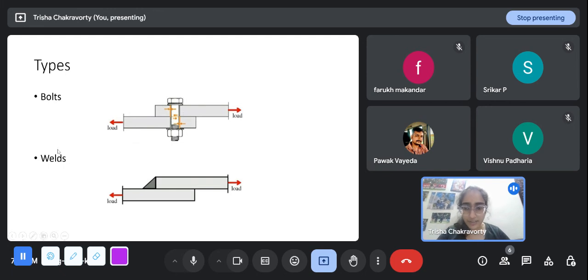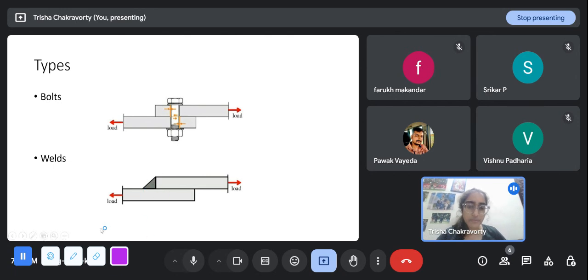And weld is different. The concept of weld is completely different from a bolt. In weld, we do not have to drill a hole or anything. Here, this triangular part is the weld, and these two are made of steel, right? These two plates or sections, whatever, we put a metal here, and we melt the metal and then allow it to cool down again, so it forms an integral sort of structure.